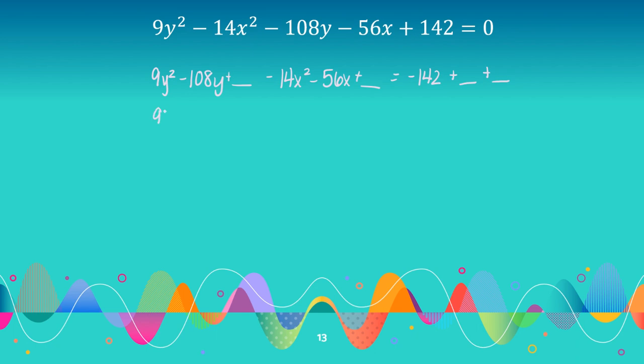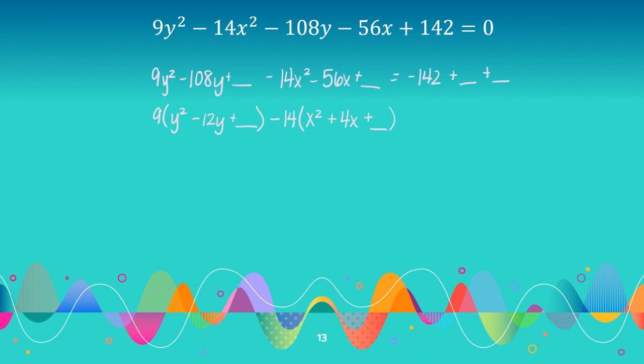Now I'm going to factor by whatever's in front of the squared term. So I'm going to factor out a 9, and 108 divided by 9 is 12. And then over here, I'm actually going to factor out a -14, okay? Which leaves me with x squared plus 4x.